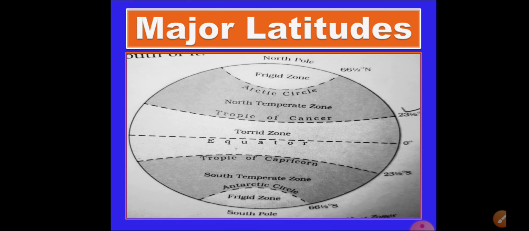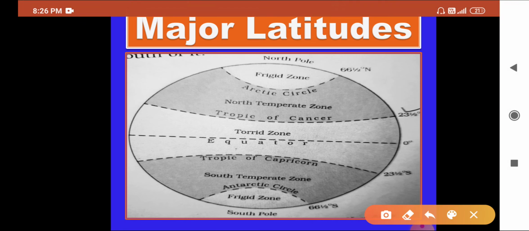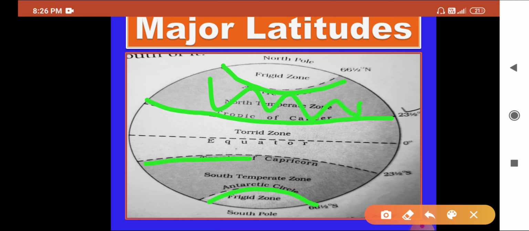Second, this dark phase which you can see between Arctic Circle to Tropic of Cancer, this one, and Antarctic Circle to Tropic of Capricorn, this one, this zone is called temperate zone.